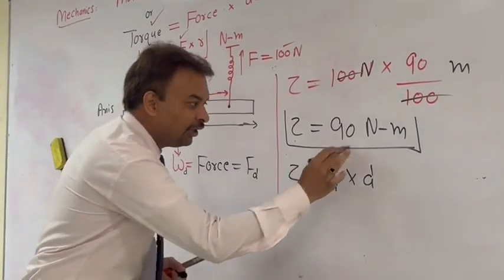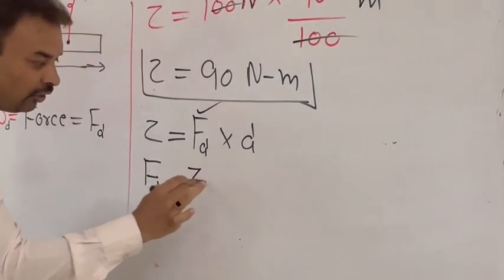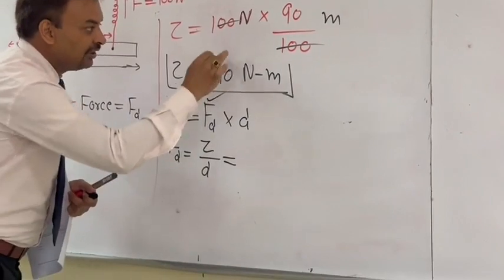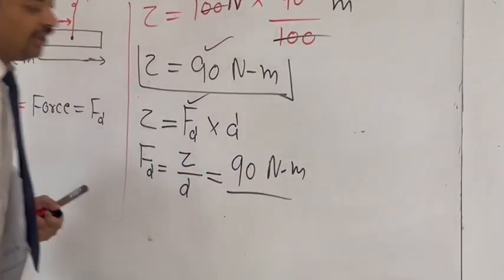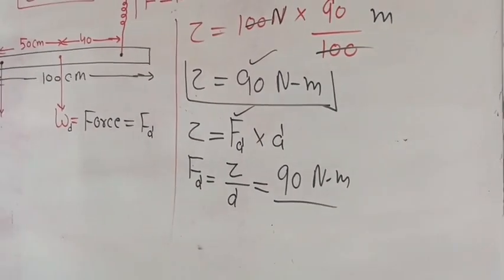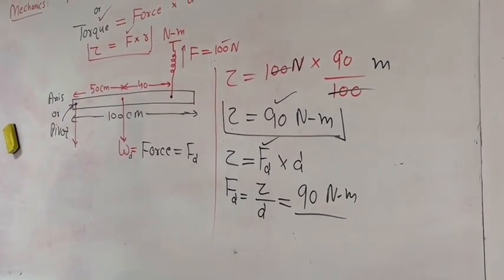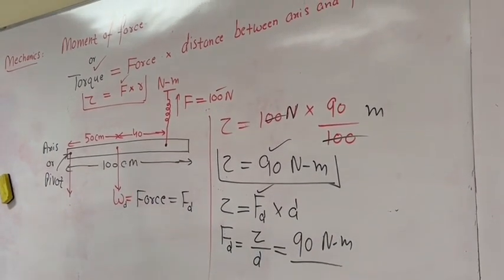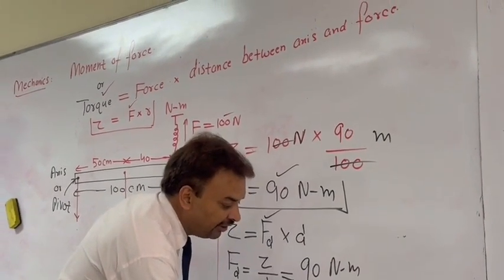So now I can find out FD. FD will be equal to torque divided by D. Torque is 90 Newton meter, and the distance is 50 centimeters, 0.5, and again we have to change it into meter, so 50 divided by 100.